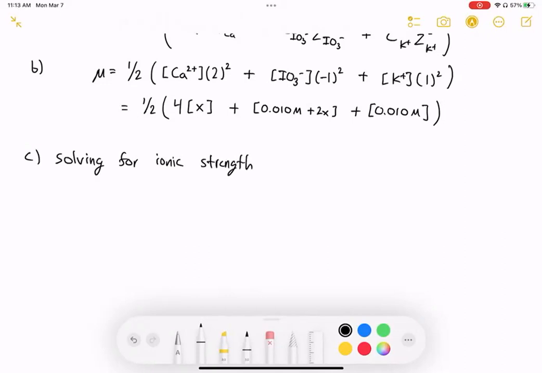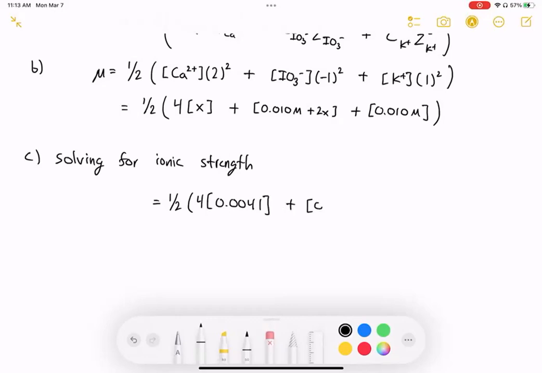Okay, so we have this is equal to 1/2 times 4 times 0.0041. So let's just make this in brackets.